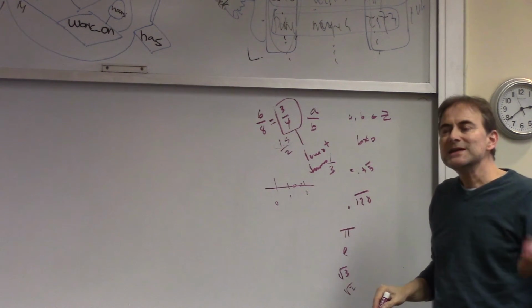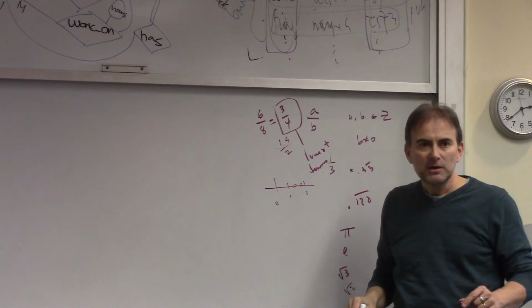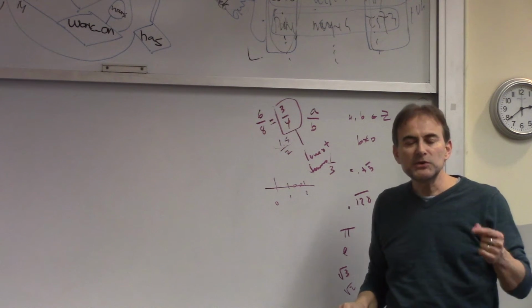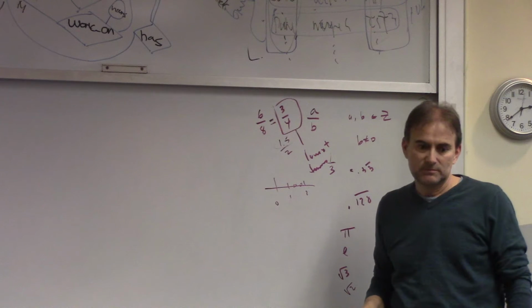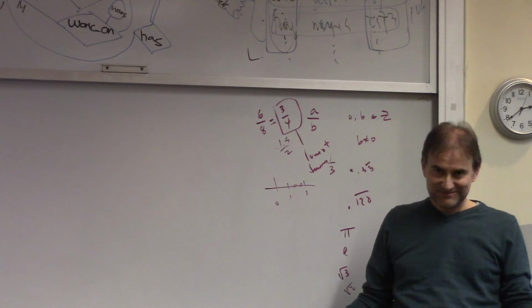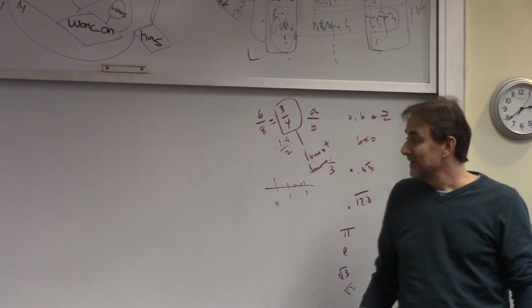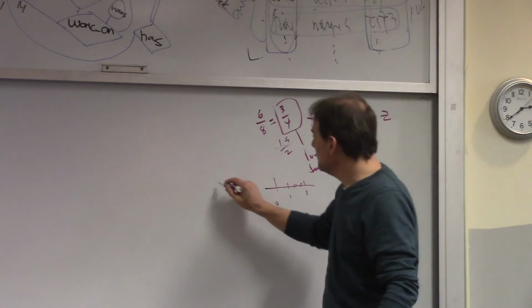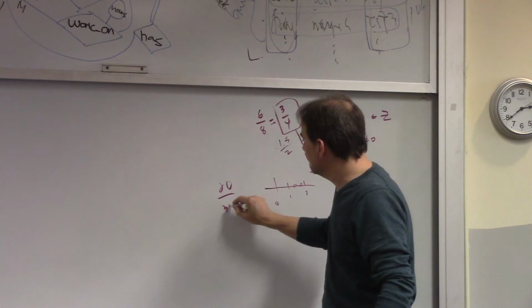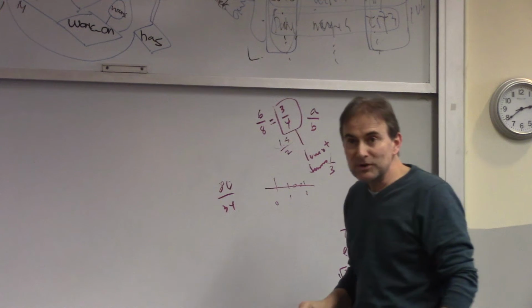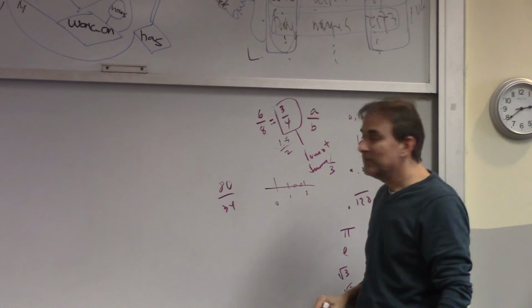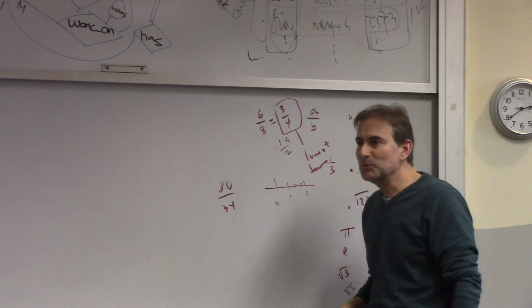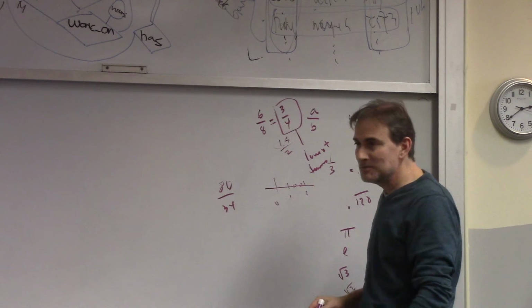Now, would you agree that any rational number can be put in lowest terms? Yes. Well, any rational number. So if you have 80 over 34, what I need to do is find all the factors of this and simplify it. Right?